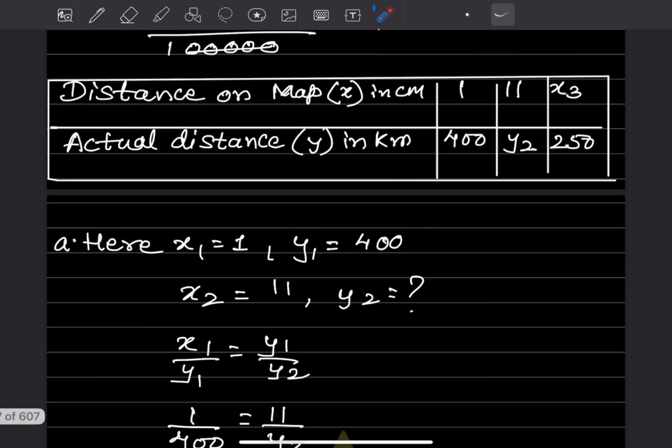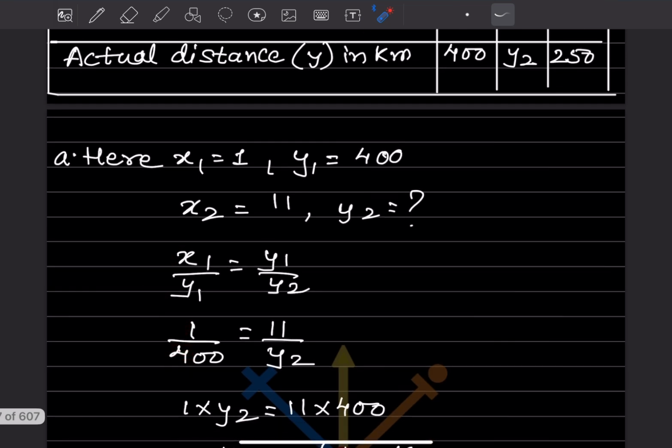So now what will you do? x1 by y1 is x2 by y2. So here x1 is 1 divided by y1, which is given as 400, equals 11 divided by this y2. Now you are going to cross multiply.